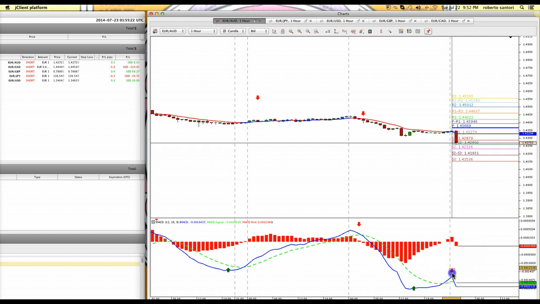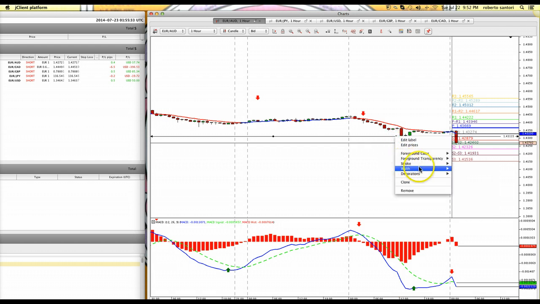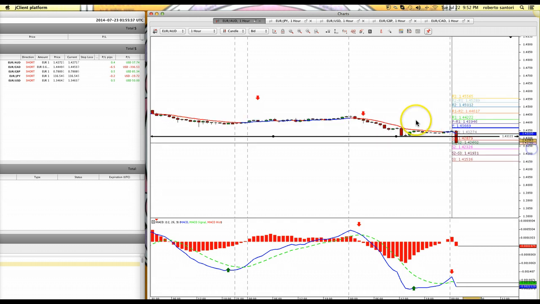The two lines of MACD crossing to the downside, and the candlestick is below the 10 moving average line, and it has also broken below Tuesday's low. So that's how we know the market is continuing on a downtrend.